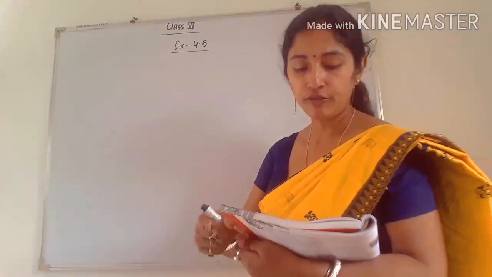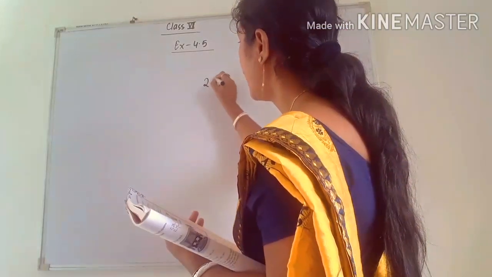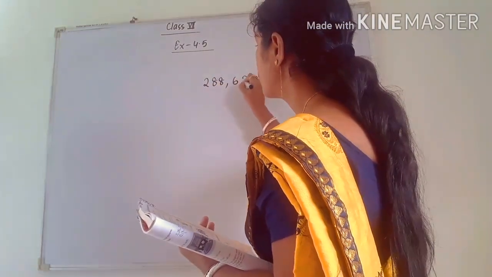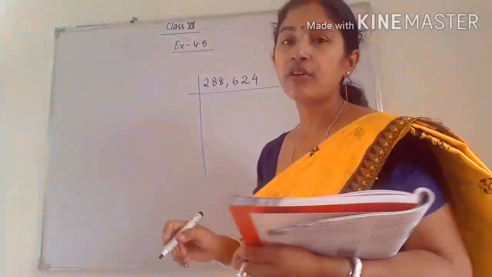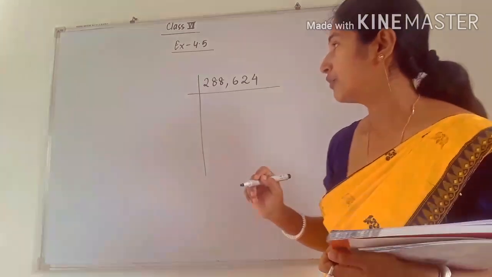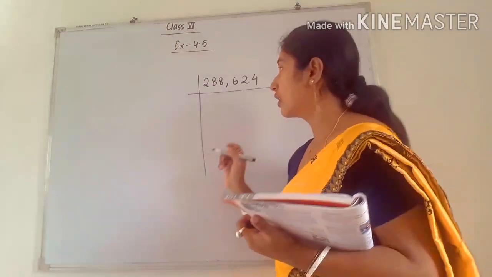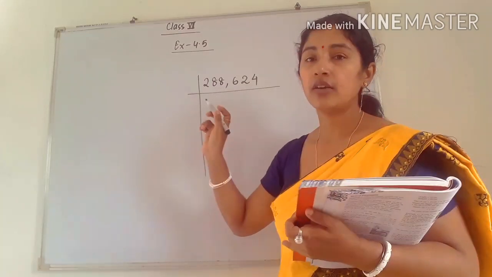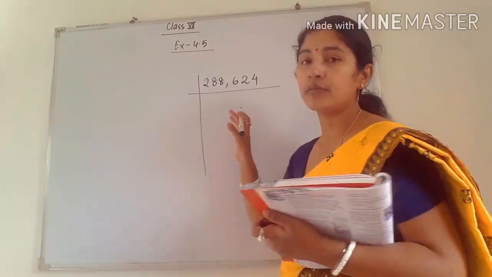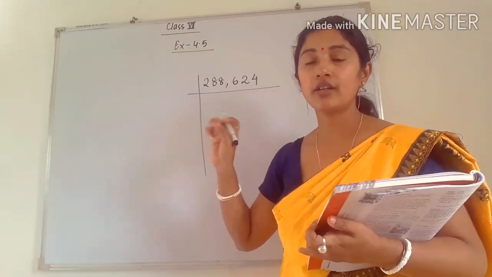So here we have to find the HCF of 288 and 624. There are many methods, but amongst these I prefer to choose the division method. This division method takes less time, and it is very simple. That's why I choose this one.